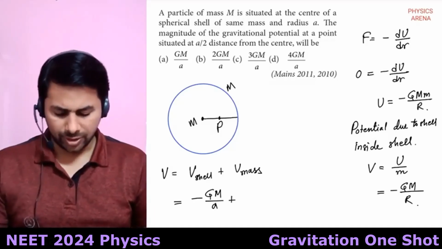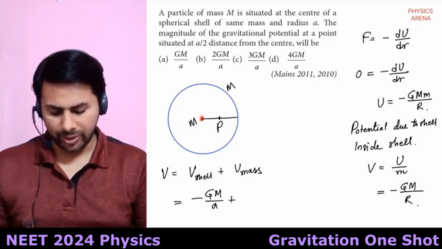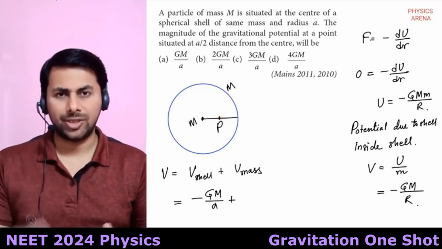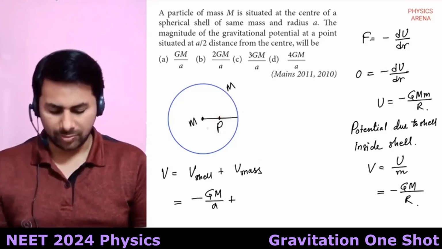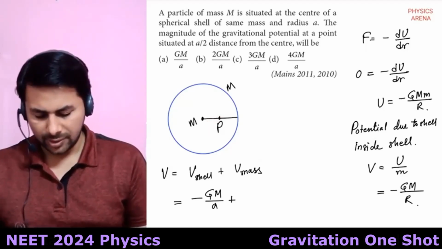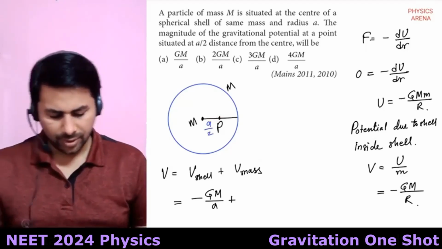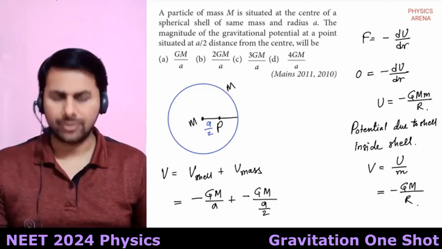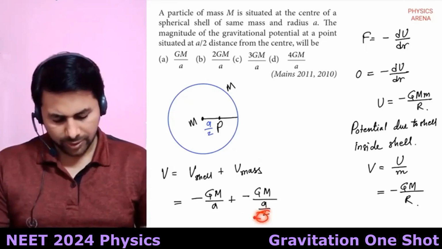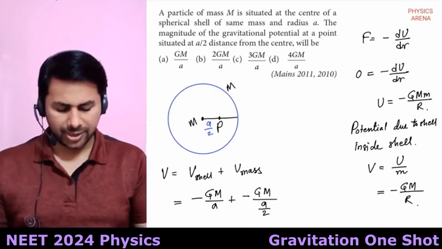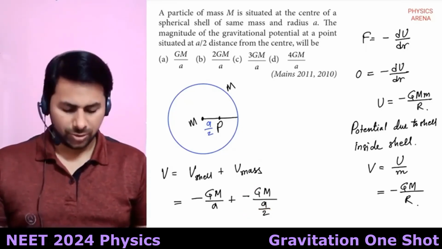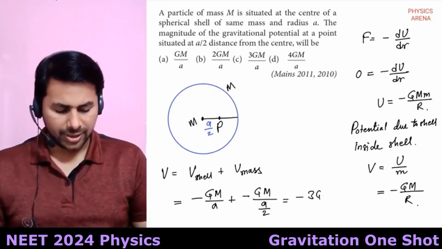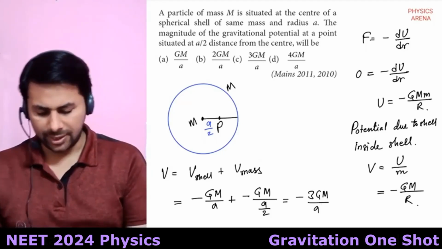And potential due to mass: if you have some mass here, its potential at distance r will be minus of GM upon that distance. How much is this distance? This is a by 2. So it will be minus of GM upon a by 2. So this 2 will go to the numerator. So it is minus GM upon a minus 2GM upon a. So it is minus 3GM upon a is the answer.